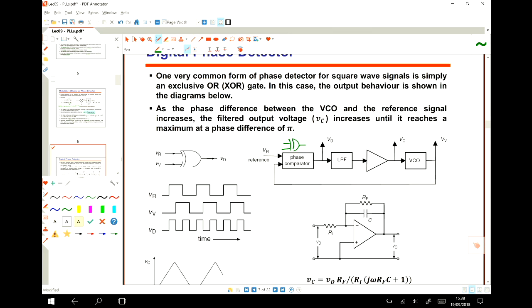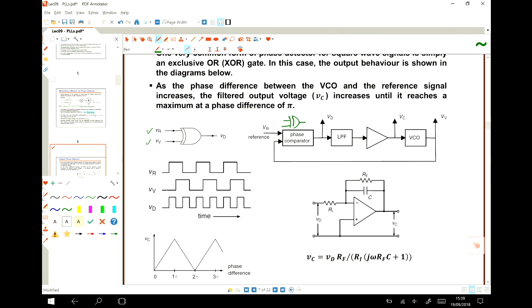If we replace it with the XOR gate, one of the inputs is the VR, and the other one is the output voltage of the VCO. So assume that this is your VR and this is your output voltage of the VCO. Their frequencies are the same, but the phases are not the same. Okay? I want to see what will happen to the VC, the input voltage of this voltage controlled oscillator.